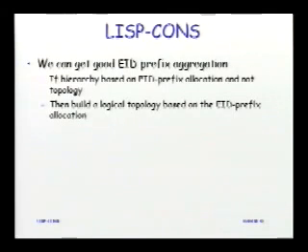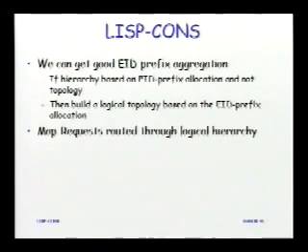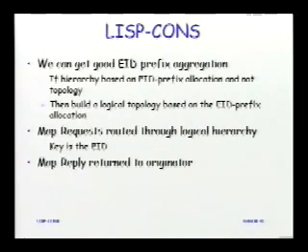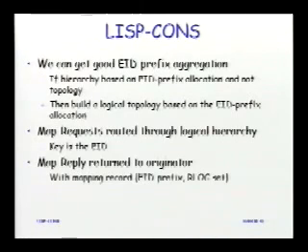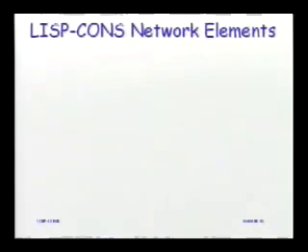And so what we do is build a logical topology based on these EID prefix allocations. The map requests that ITRs generate are routed through this logical hierarchy based on EID, and the map reply just gets returned the other way. What it gets is the EID prefix and the set of RLOCs.